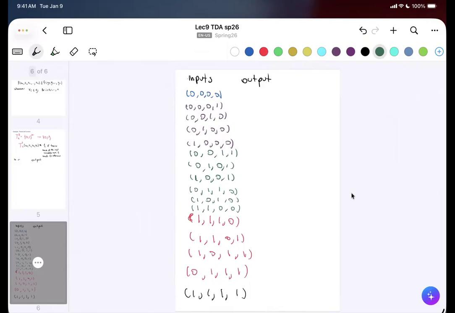Another nice consequence of arranging them this way is that in the first five, you get a zero, and then for the remaining ones, you get a one, right? So the output for the threshold function: all of these give zero output, and the next ones give one as the output.